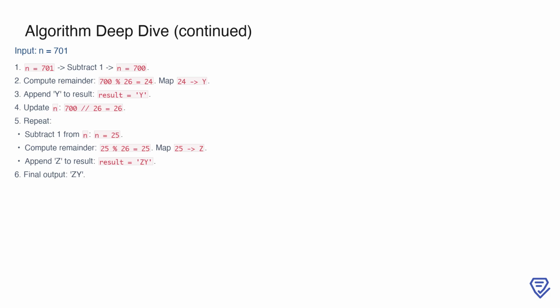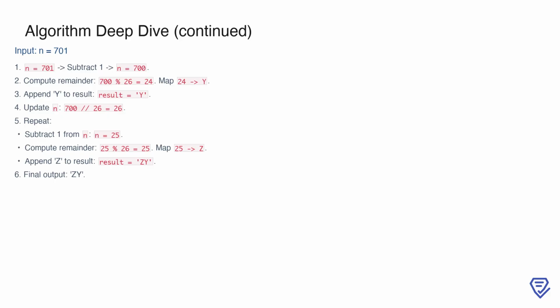Repeating the process, we subtract 1 from n, giving us 25. The remainder of 25 divided by 26 is 25, which maps to the letter Z. Adding Z to the front of our result string gives us ZY. At this point, n becomes 0, so the loop ends. The final output is ZY.